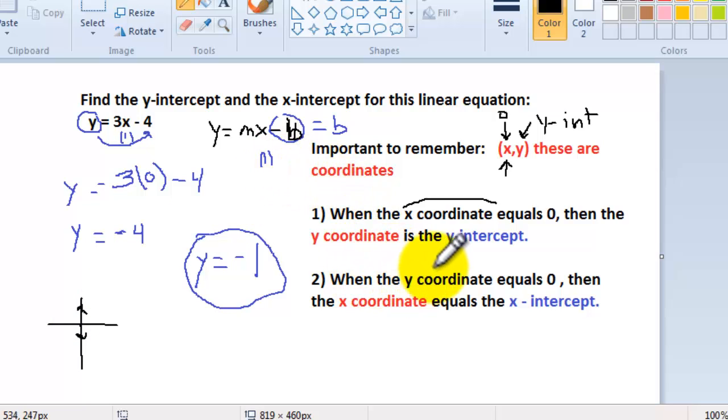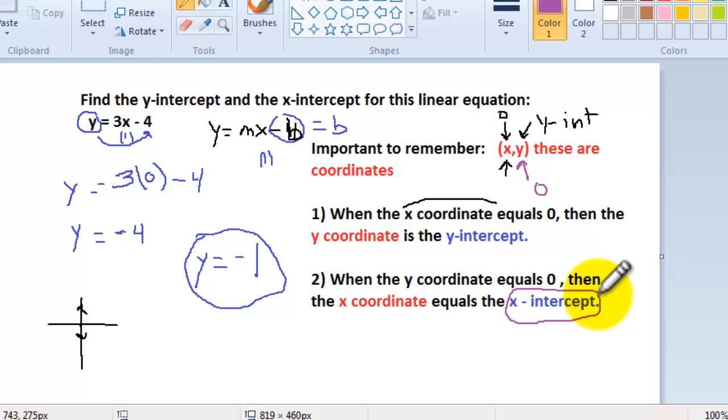Okay, so the other thing to remember is just the opposite. When the y-coordinate, so when this value, now that we have so much stuff written here, when this y-coordinate equals 0, then the x-coordinate will be the x-intercept.